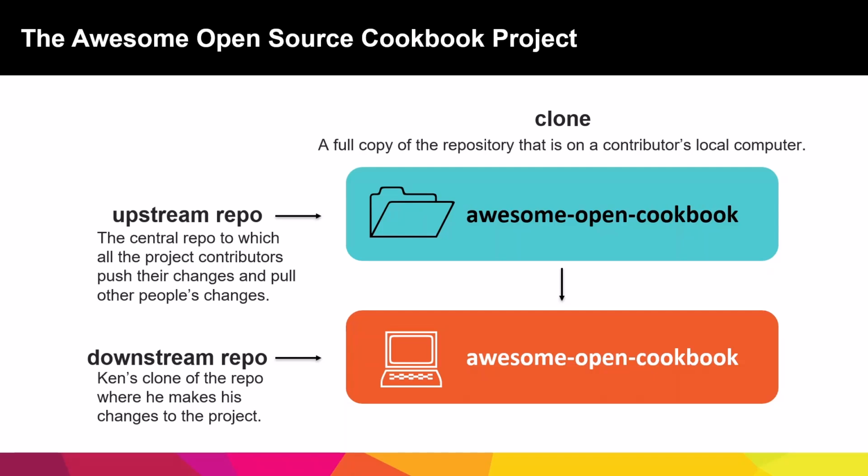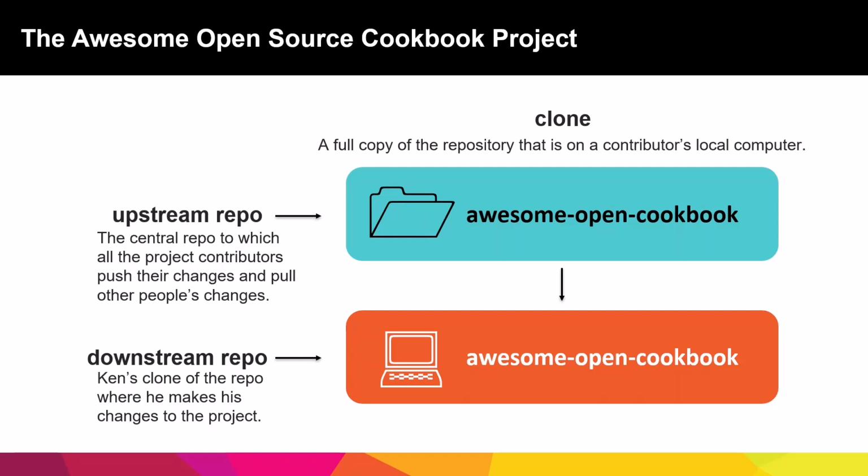And then we've got the downstream repository, which is Ken's clone of the repository, where he makes his changes to the project. So once again, just keep those concepts in mind. Upstream is the original source repository, and downstream is Ken's local working copy on his local machine.